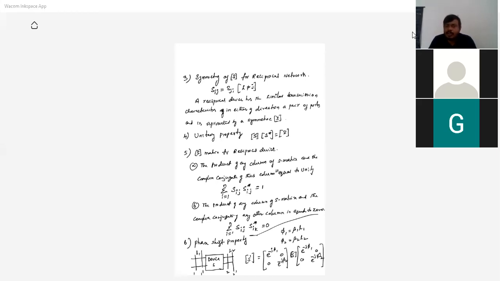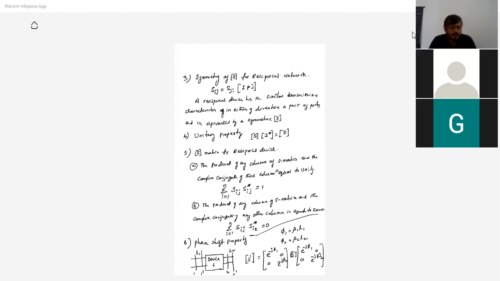That means if the ports are perfectly matched to the network, there is no reflection at the particular port, you can say Sii is equal to 0. If it is a 3-port matrix, all diagonal elements, that means S11, S22, S33, are all 0 if the ports are perfectly matched to the junction. Otherwise, there is a reflection and a reflection coefficient.